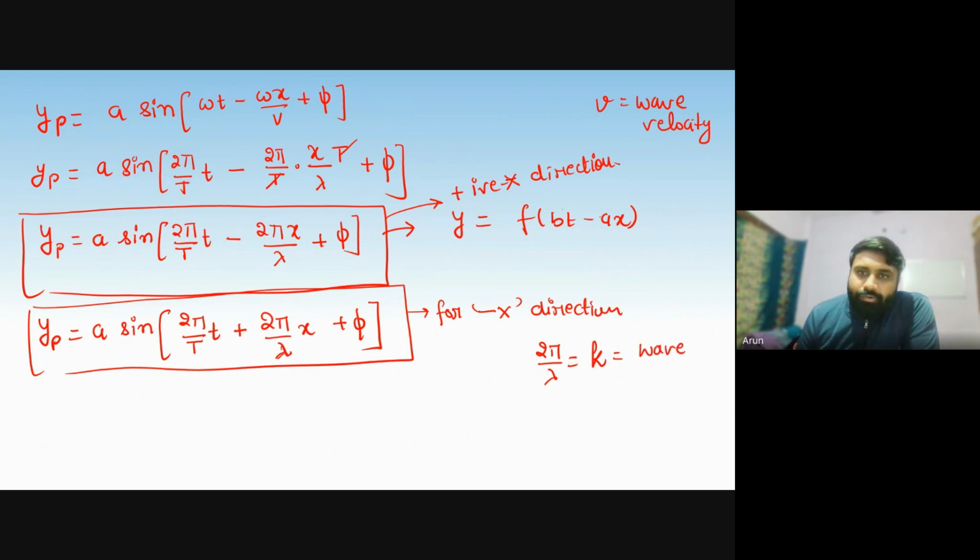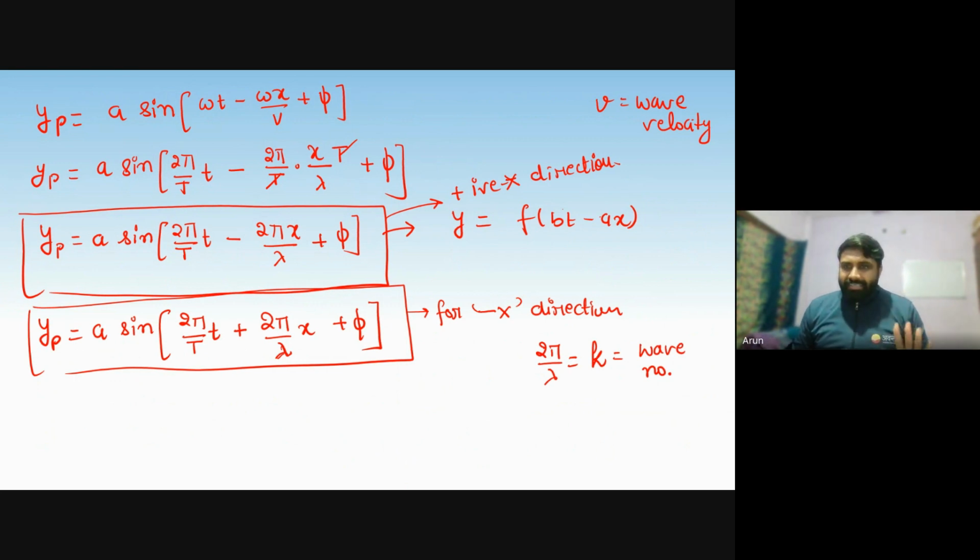I have already told you about this. What is the physical significance of this wave number? Wave number shows you how compact the wave is. If wavelength is high, the wave is spreading. If wavelength is low, k is high, which means the wave is more compact.